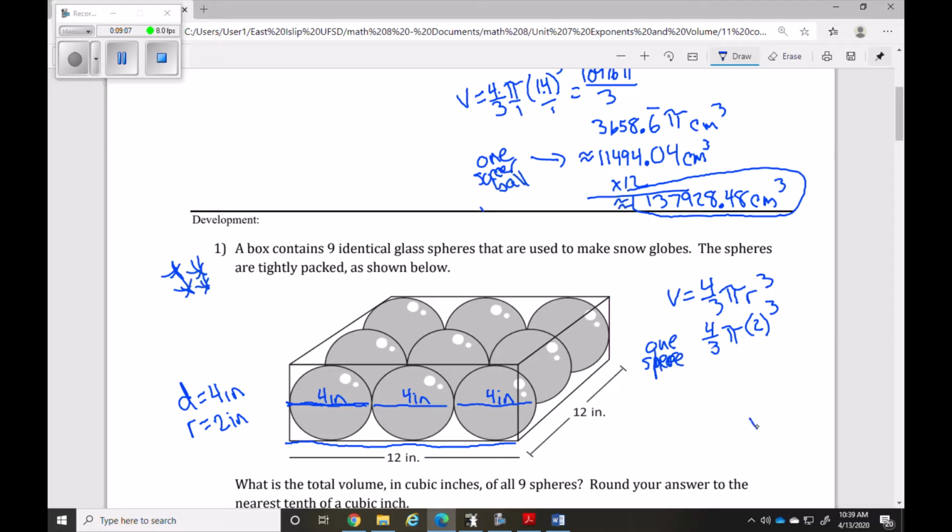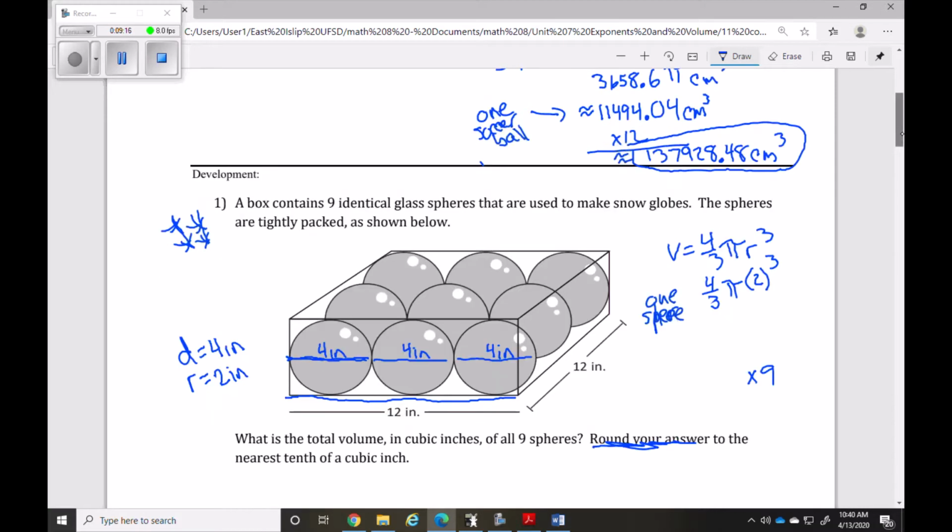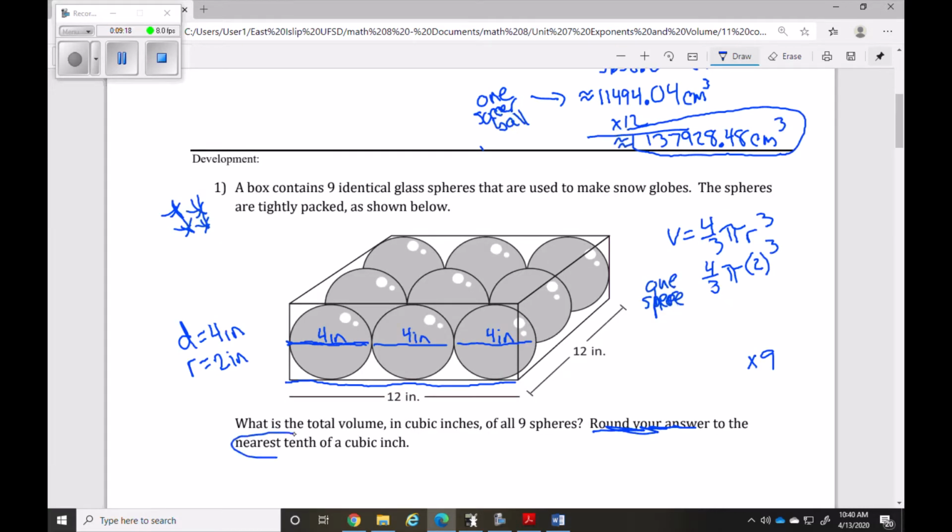Once I get my answer, I'm then going to multiply it by 9 to get all 9 spheres, and it says round your answer to the nearest tenth. So I'm going to have you finish that, and then you can check your answers after I post it. But it's just like the first one that we did, and I started you off pretty well.